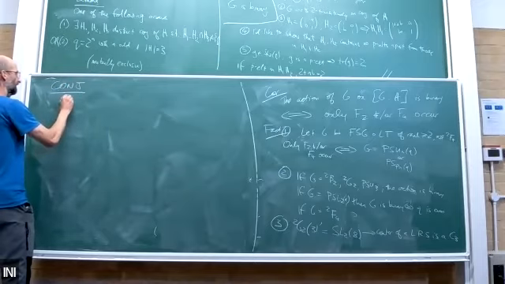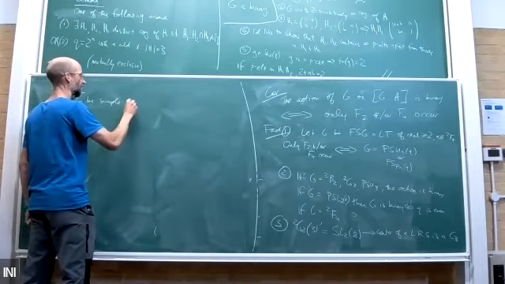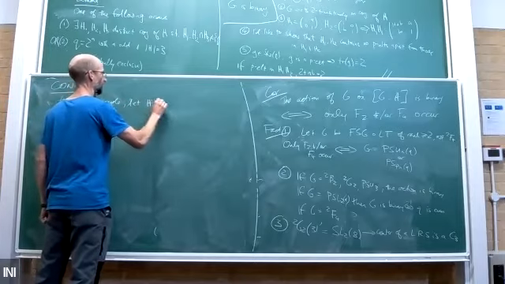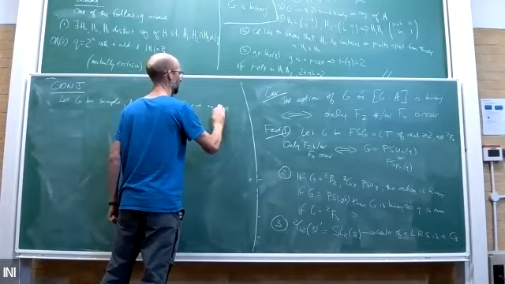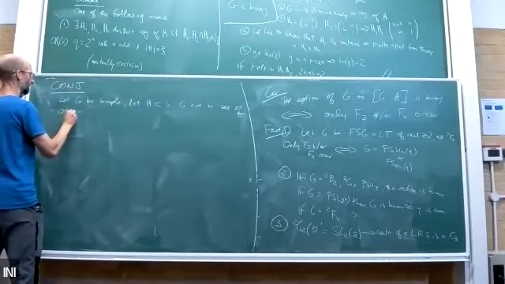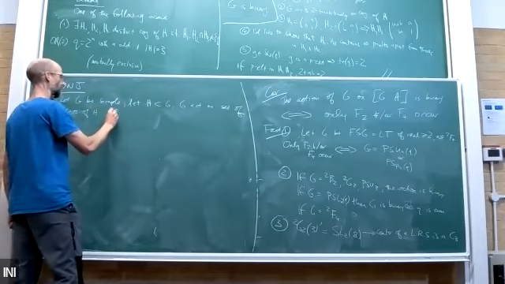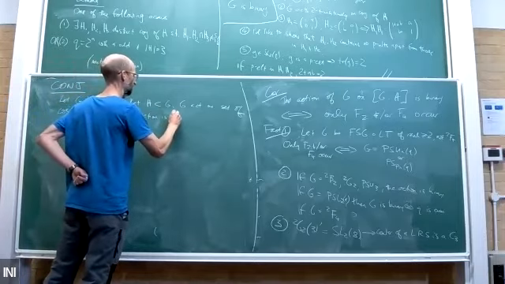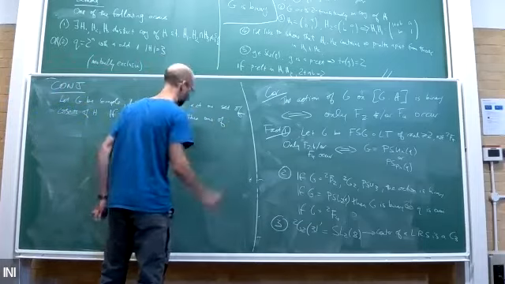Let G be simple. Let H be a proper subgroup of G, and G act on cosets of H. If this action is binary, then one of the following holds.